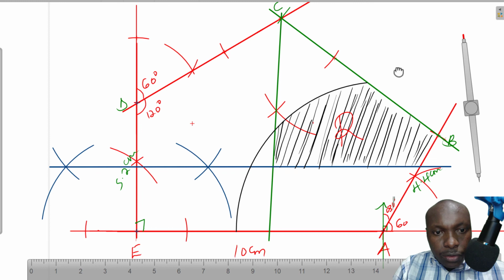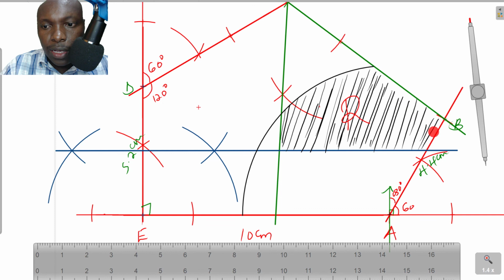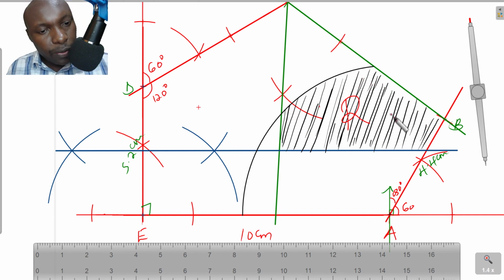It is nearer to D than E. You can see from the shading. So that one, we've been guided by that line, the perpendicular bisector of line DE. And then the other condition is that it should not be more than 6 centimeters. That is why we've shaded just behind that arc. Anything beyond that arc will not satisfy. Yeah, and that is the region that we shade and label as R. And that is how you're supposed to solve that question. Thank you.